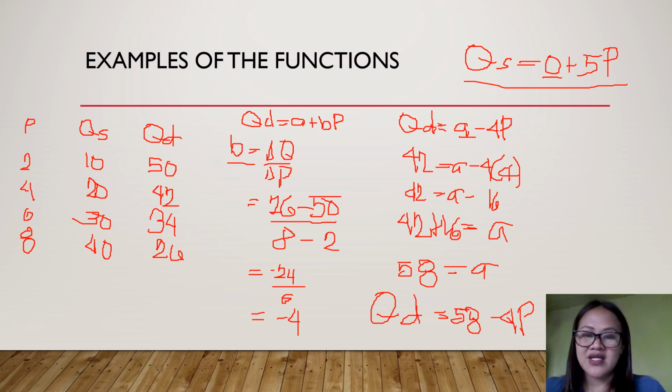Etong A sa ating demand function, itong 58, ito ang pinakamataas na pwede nating bilhin as a consumer. Pero pag ikaw ay producer, ang autonomous value nila ay yung pinakamababang amount na pwede nilang i-produce pag ang presyo ay 0.